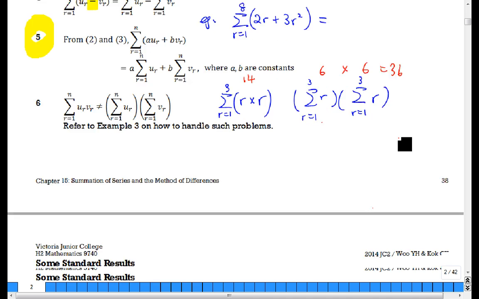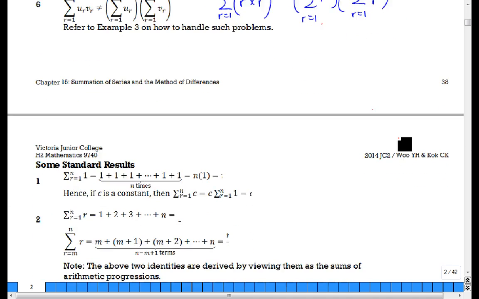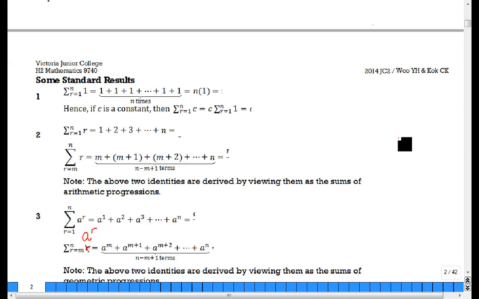Okay. Some standard results. I'm going to go a bit fast here, really quite easy, not difficult. Okay, are we able to very quickly write down, this is 1 to n. Sorry, this one doesn't show up well here, but I think it's showing up well in your notes, right?